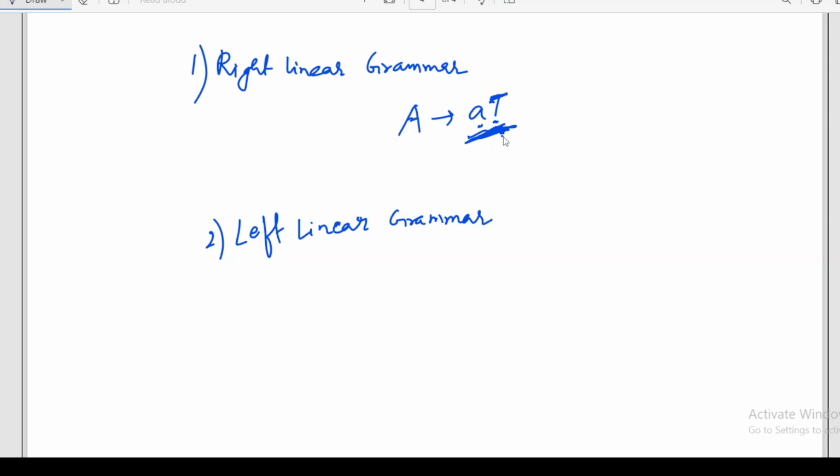So it is called right linear grammar. In left linear grammar, the non-terminal will be on the leftmost side of this part, like this. From this side it is the leftmost side, and this is the rightmost side. That is why this is called right linear grammar, and this is called left linear grammar.